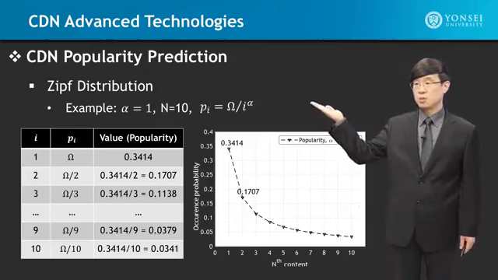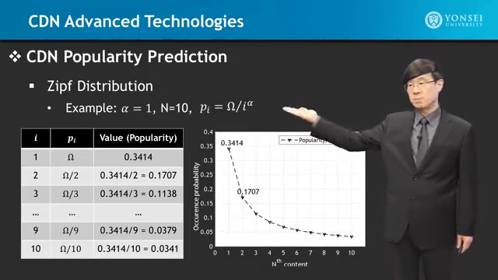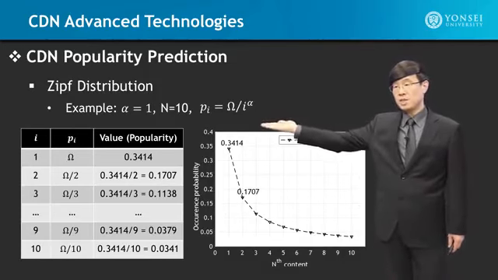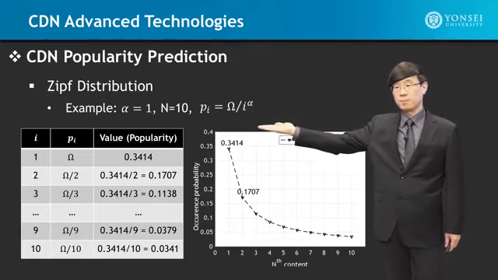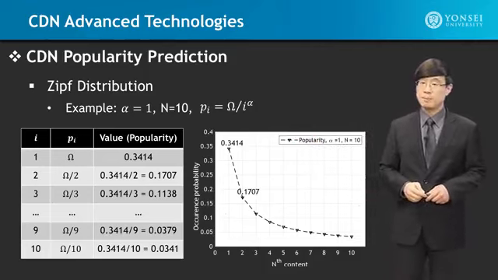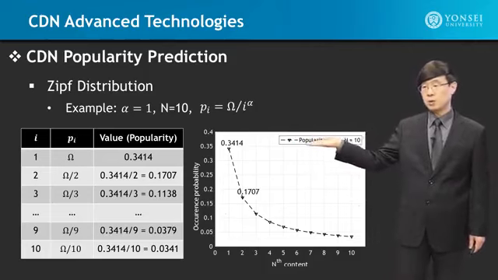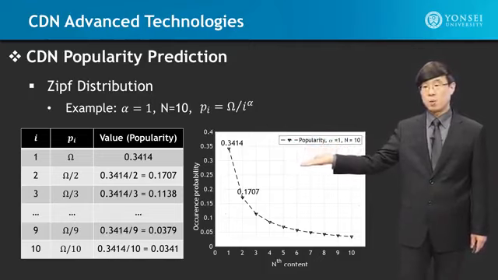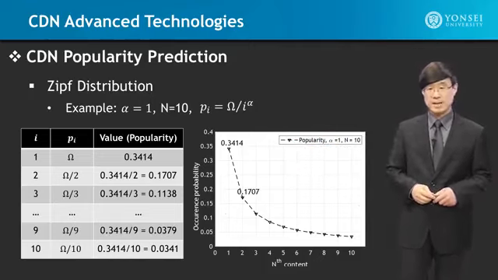Overall, the distribution example is based on i, and it shows the P_i value in reference to omega. As you can see, when i equals 1, P_i equals omega, and when i equals 2, it is omega over 2. When i equals 3, it is omega over 3. Likewise, going down that table.